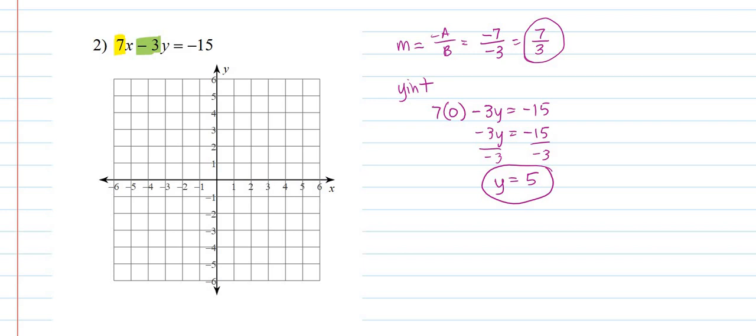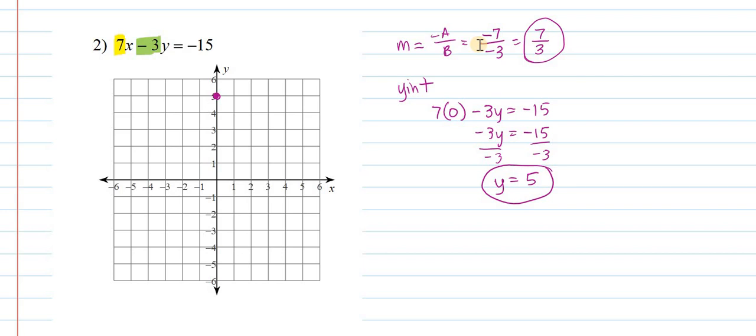So I go to my graph, I plot my dot at positive 5. Now here we have a situation where my slope, which is 7 over 3, I can't count up 7. So remember how we wrote the slope the first time, negative 7 over negative 3. That's the same value as positive 7 over positive 3.